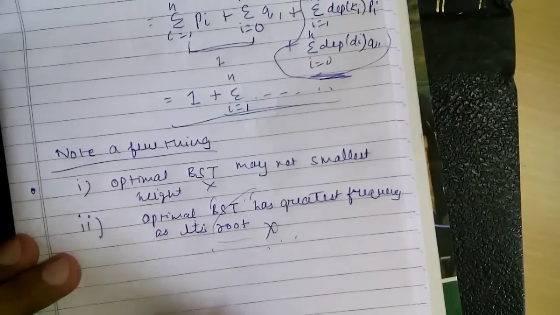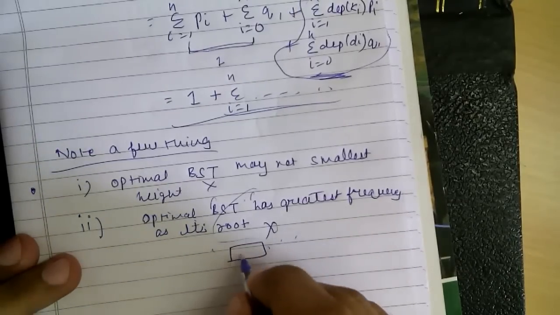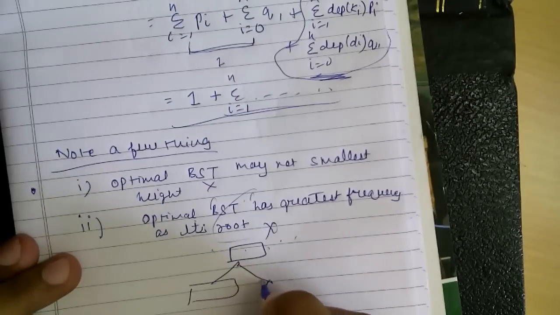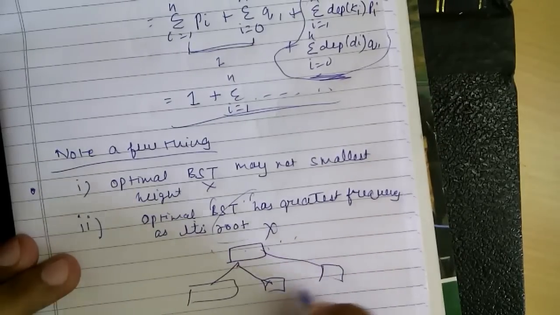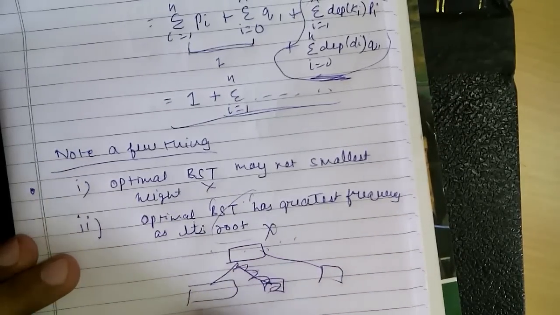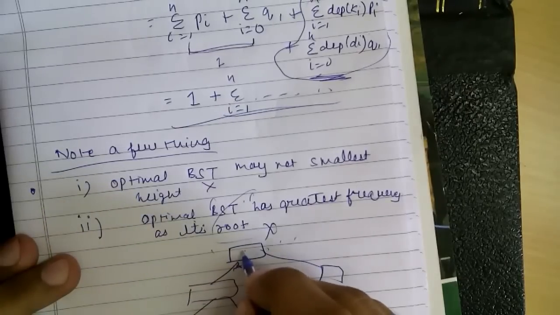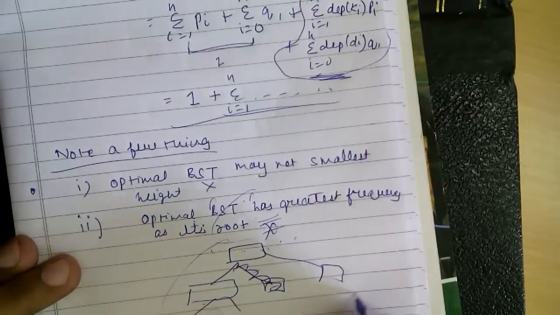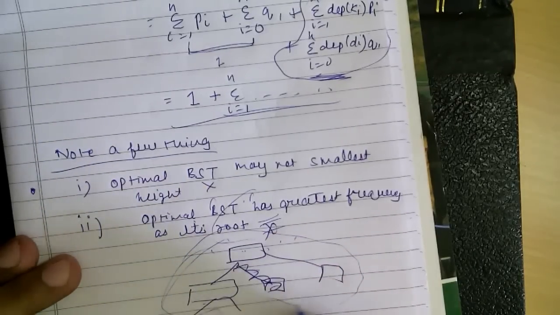It can be good for the most probable word, like this we are having here, but it will also affect the structure of the subtrees. So this is also a wrong assumption. We always have to look at the whole tree.